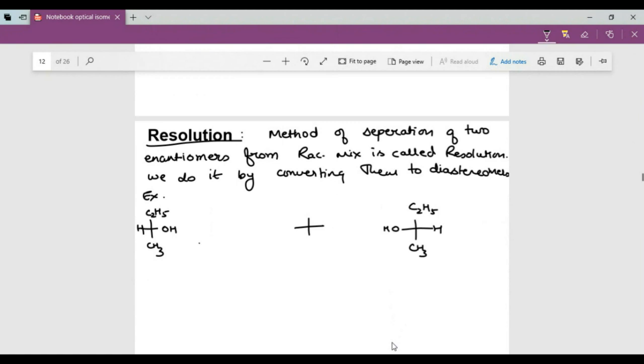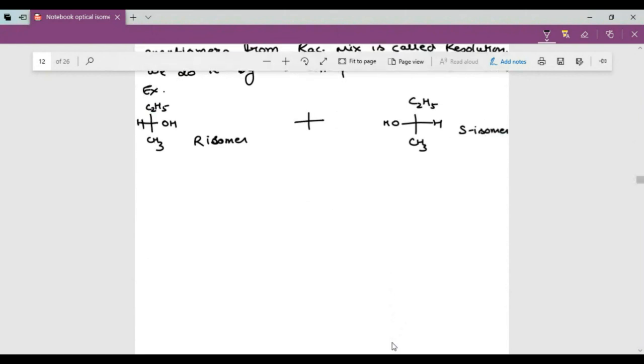This is the R isomer and this will be the S isomer. In a racemic mixture, both are present.